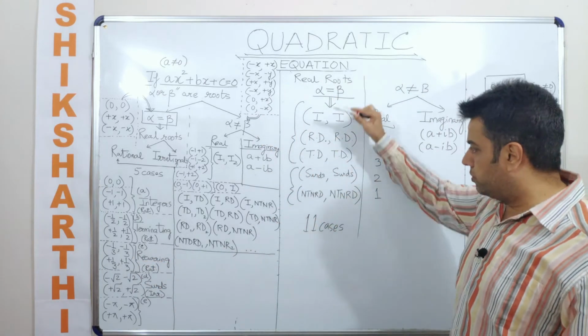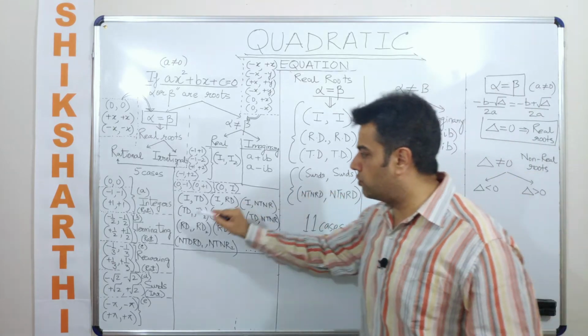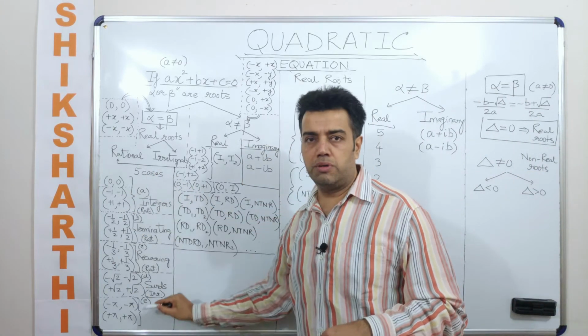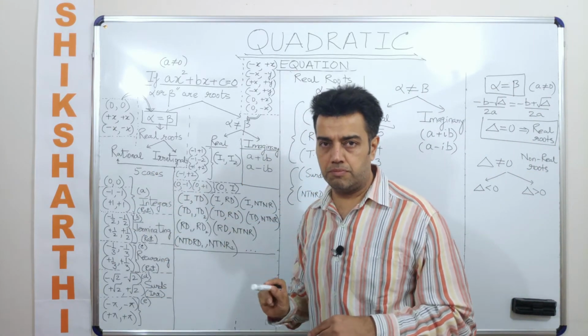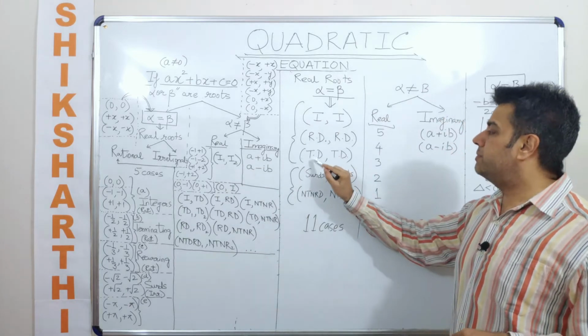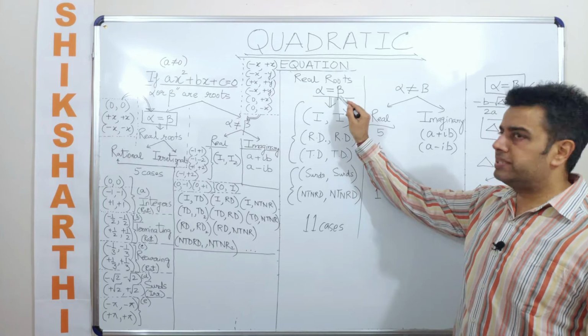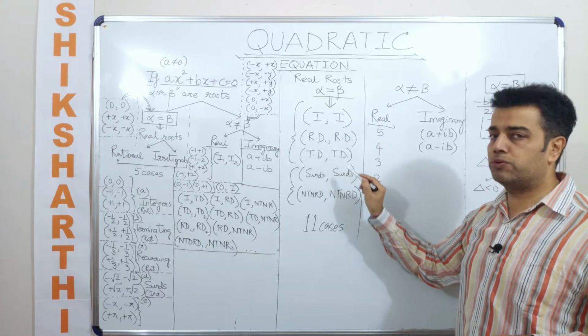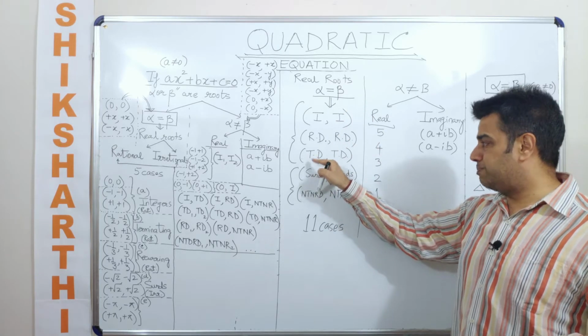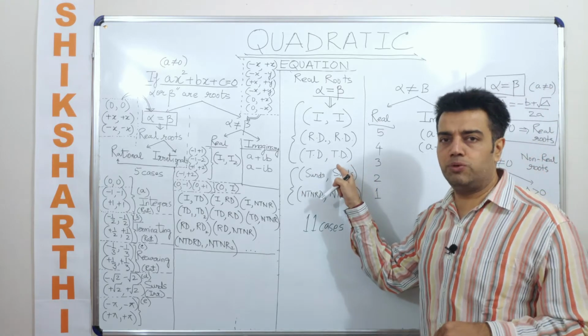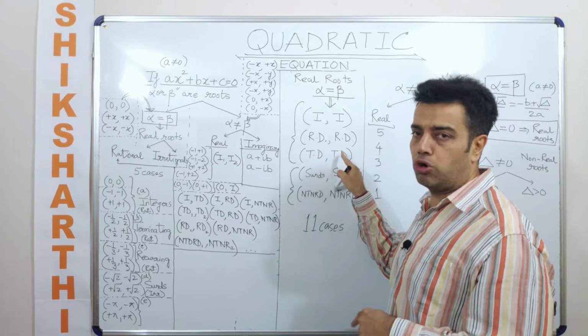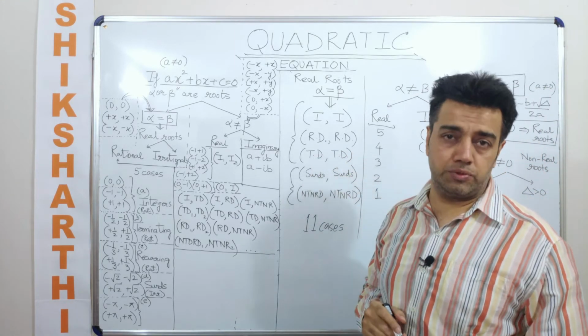Here I am giving you a broad view, and there I have already given you a micro analysis, right? At the same time, one of the roots can be a terminating decimal and the other root also needs to be a terminating decimal, and both the values should be equal. For example, if I say this is plus 1 by 2, this also should be plus 1 by 2. At the same time, this can be minus 1 by 2, or this can also be minus 1 by 2.